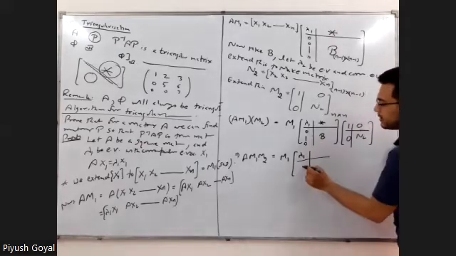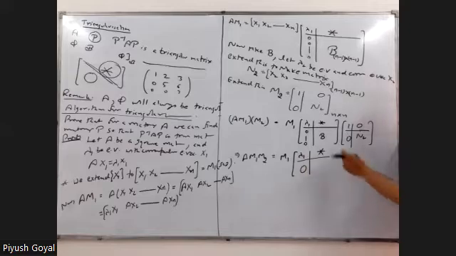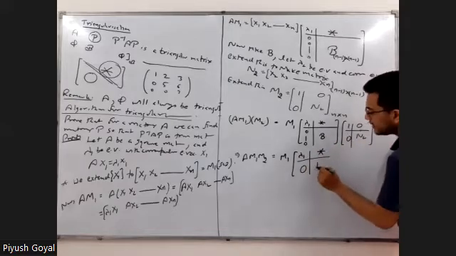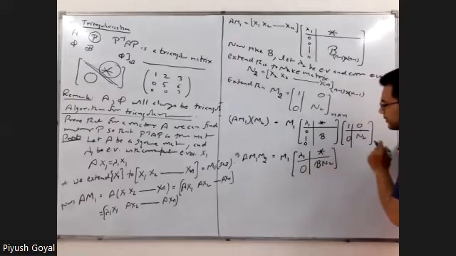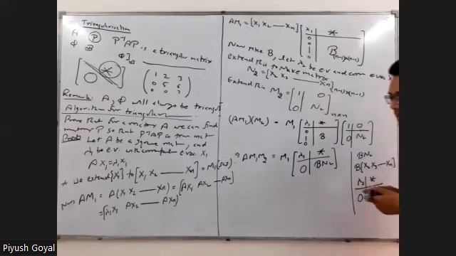This 0 will remain 0, and this star will remain star. This B will multiply with N2. On the right side, if I multiply B with N2, this is B into x2, x3 up to xn. It will become lambda 2, then star, then 0, then some C matrix. I think this is clear to you.